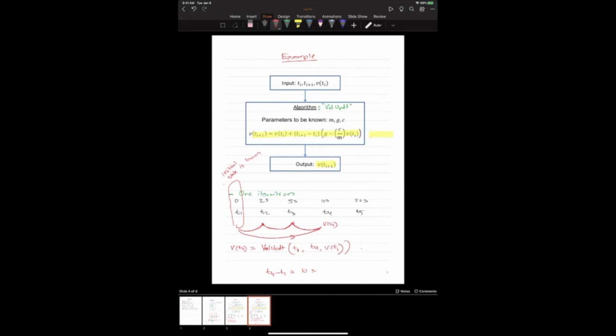I hope you understand these two different ways of writing this velocity at T4. One is take one step, go from 0 to 4. It's a big time step, and you can compute that. Or you do it sequentially. What is the advantage of this?